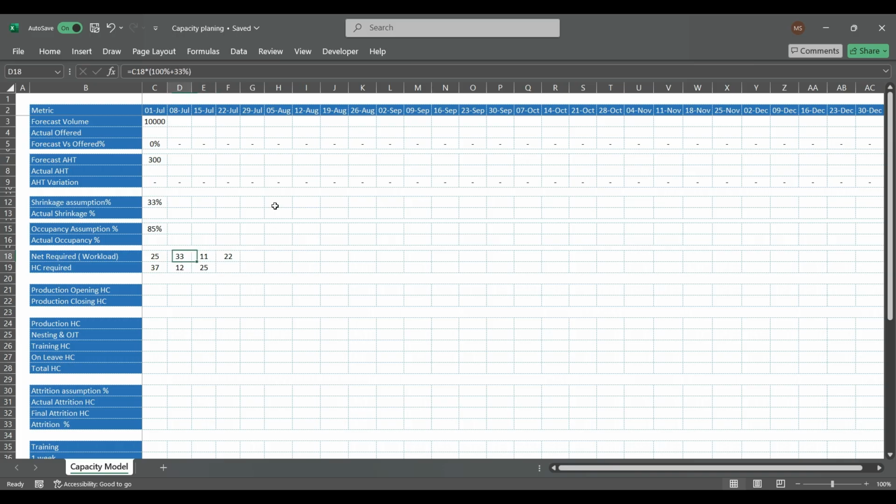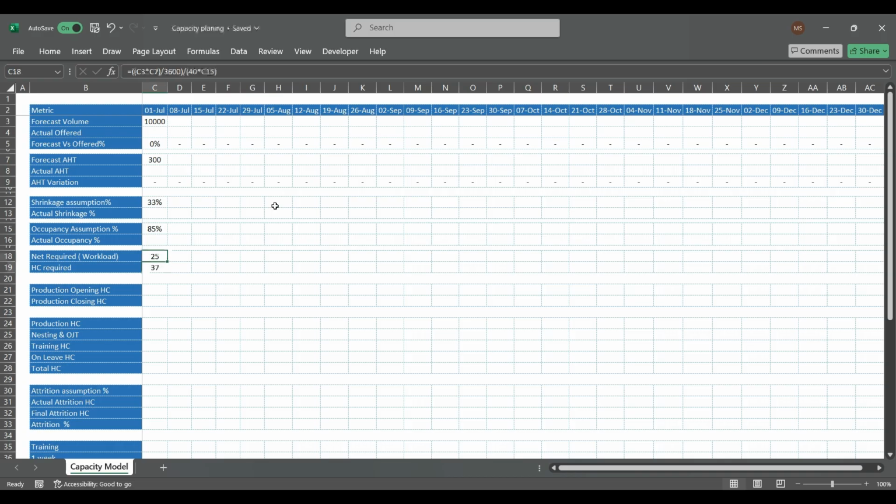Based on this, if I consider the formula 100 plus 33, it shows only 22 headcount net, but this is not correct. If I go through the first one, which I consider the right pattern, it shows 25. So I request you to please apply the correct formula, otherwise your capacity will not be effective. Either you will assume excess headcount, or you will assume lesser headcount.